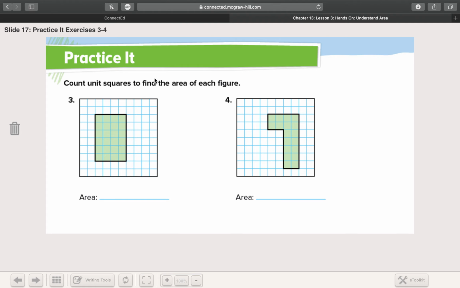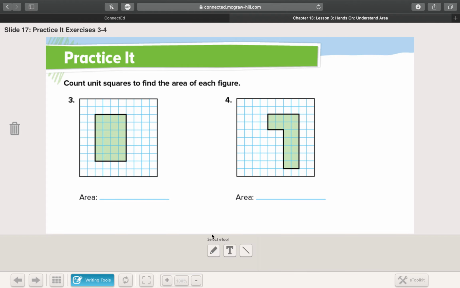Okay, count unit squares to find the area of each figure. So here we have a rectangle. All we have to do is count. 1, 2, 3, 4, 5, 6, 7, 8, 9, 10, 11, 12, 13, 14, 15, 16, 17, 18, 19, 20, 21, 22, 23, 24.